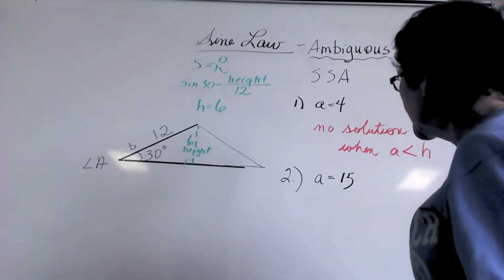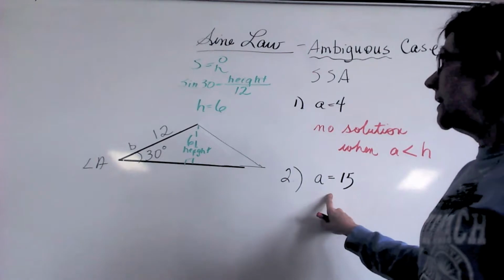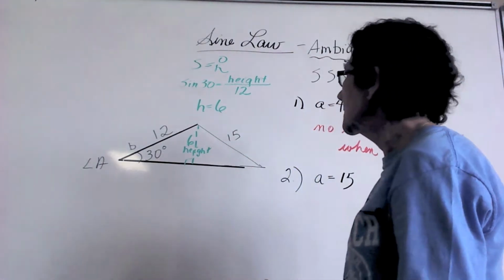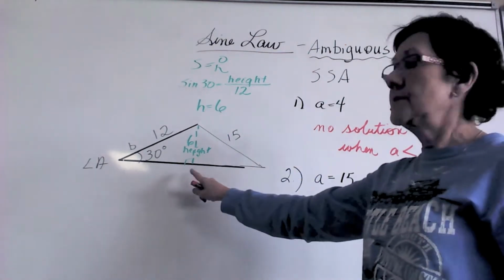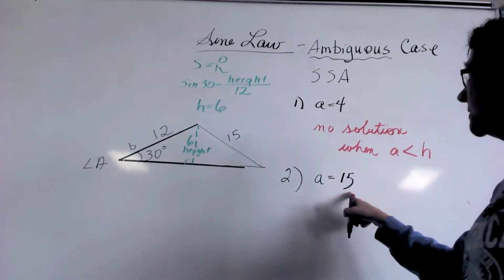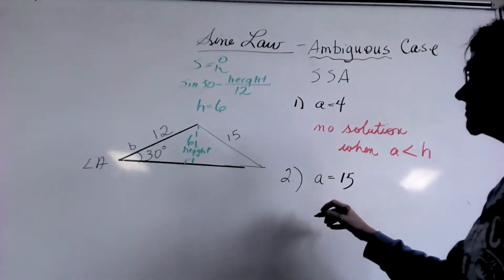So in that type, where side A, here we had 15, is greater than our height, there's no problem at all. So if A is greater than H, we have one solution.